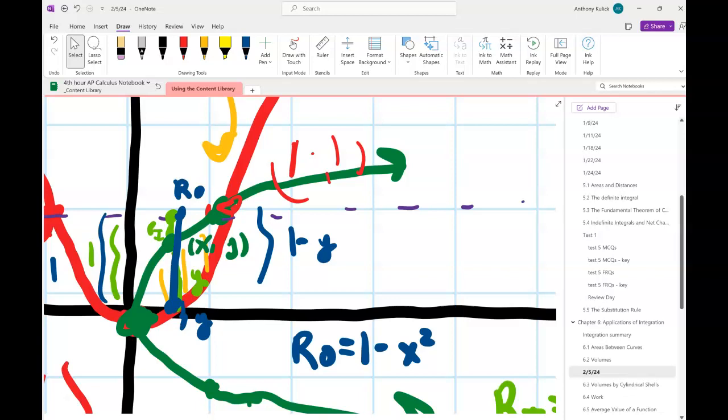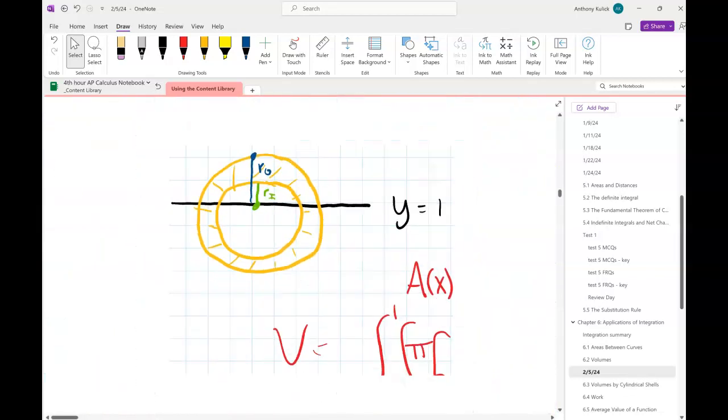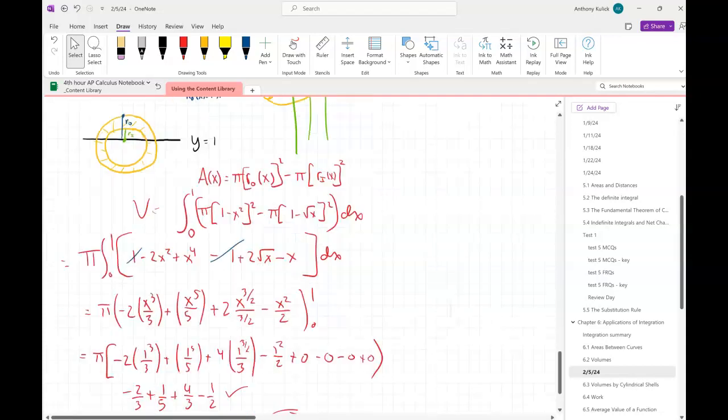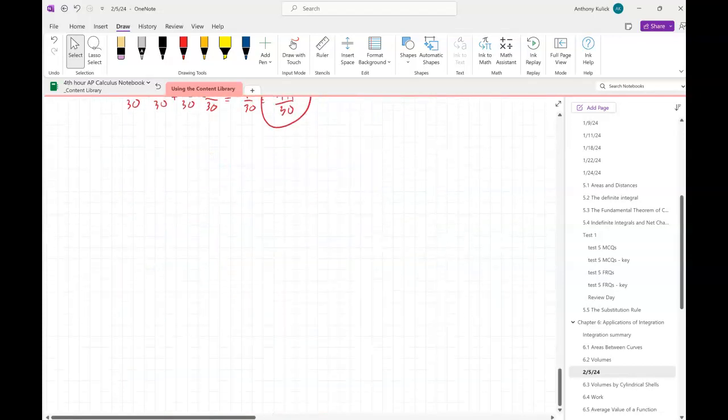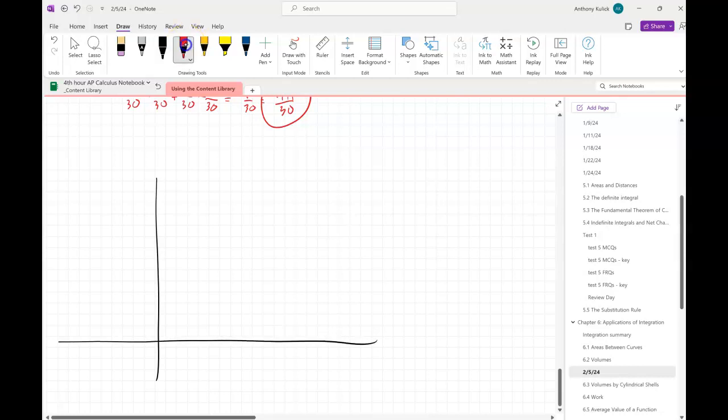Has anybody figured out the situation in which this method or this approach is going to be a problem? There's a situation which this could get us into trouble. So imagine if you had something like this, and we're rotating here.